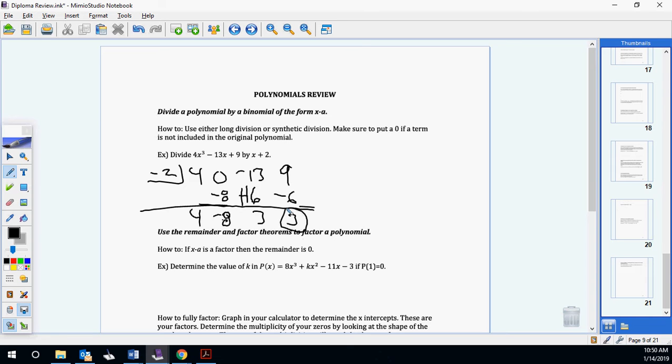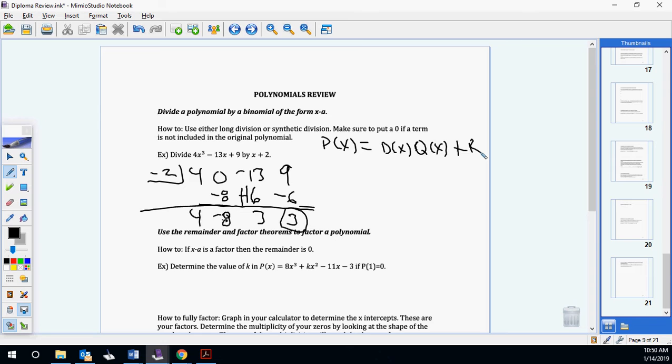Okay, remember that weird way they like you to write it? P of x is equal to the divisor times the quotient plus the remainder. That's how you write it, and that's how they asked for you to do it in the book.